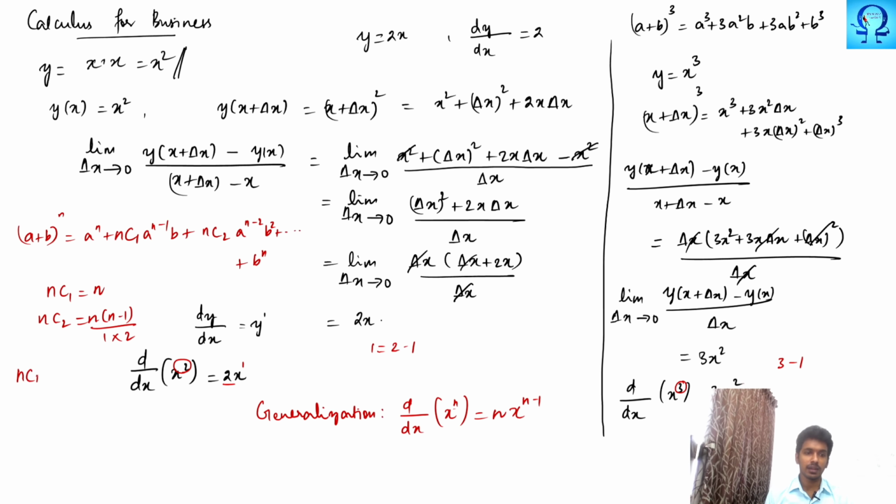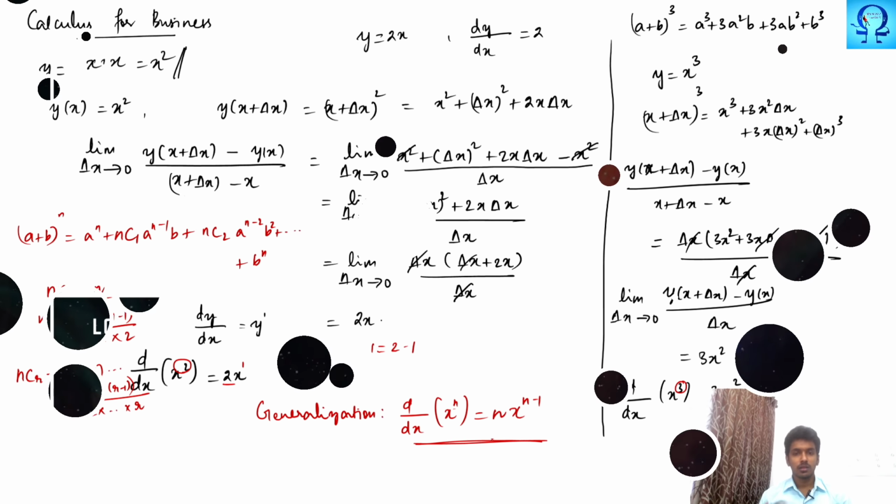So in general, nCr would be n into n minus 1 and so on till n minus r plus 1, divided by 1 into 2 and so on till r. So with this, you may calculate these things and you can see this happens to be the generalization. Okay, thank you.